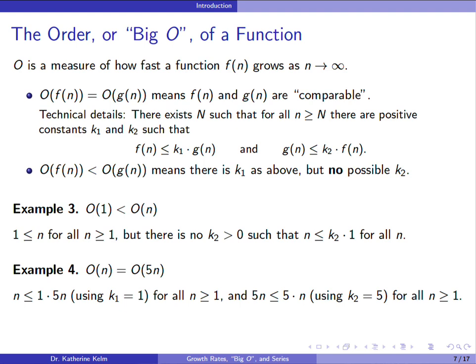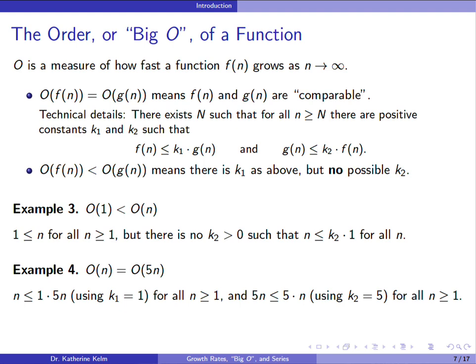Now there's some technical details if you want to read them, but essentially it means that f of n and g of n are comparable in their growth rates. When we say that big O of f of n is less than big O of g of n, that means that g of n grows faster than f of n in some sense.